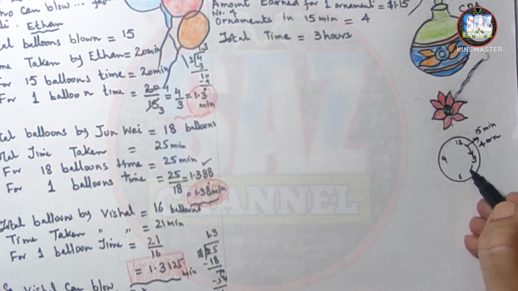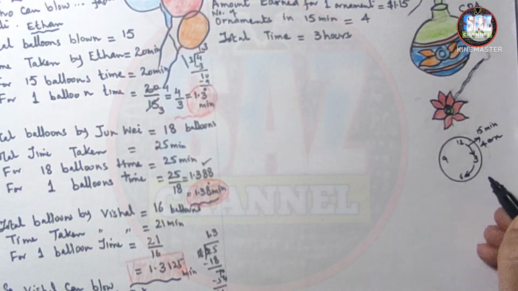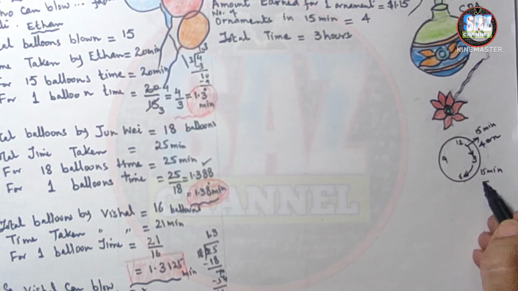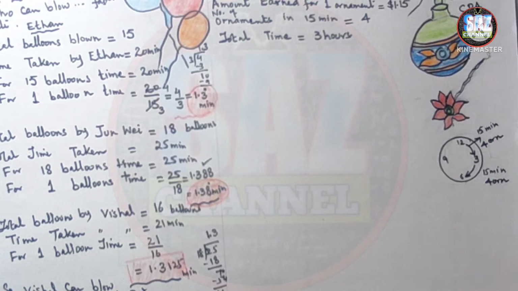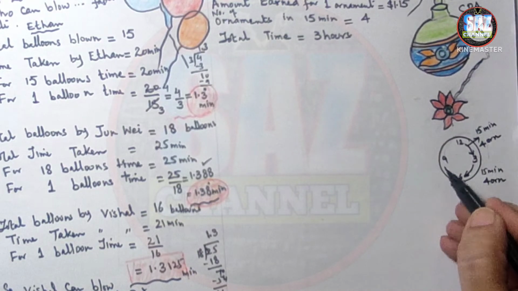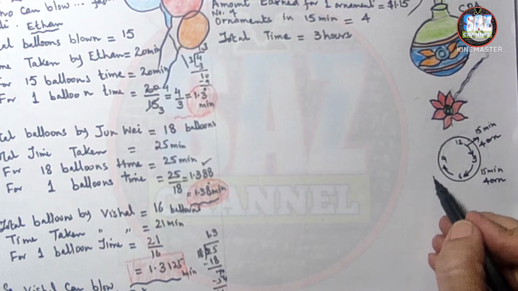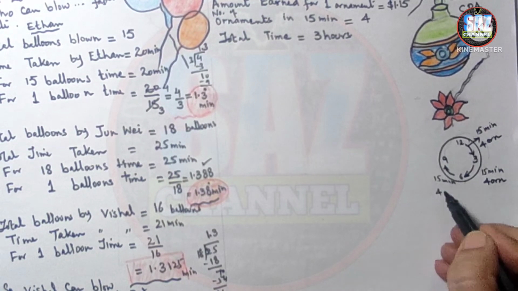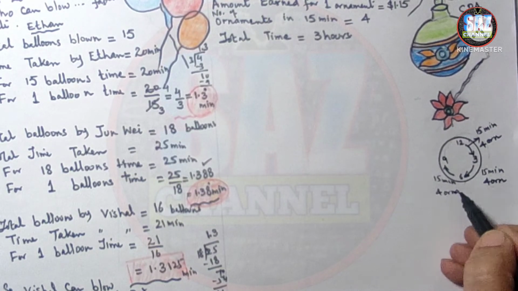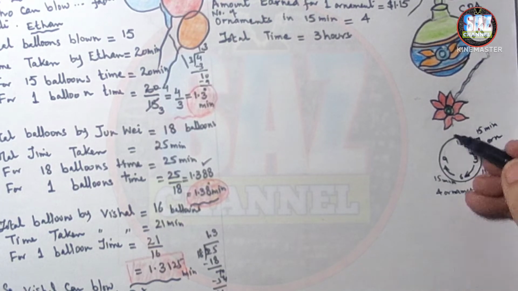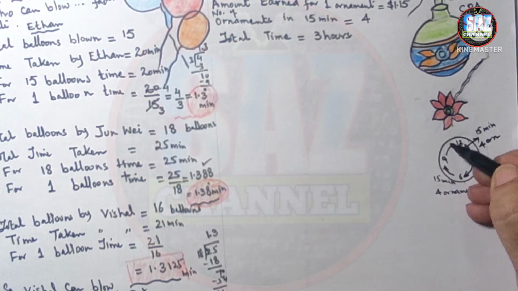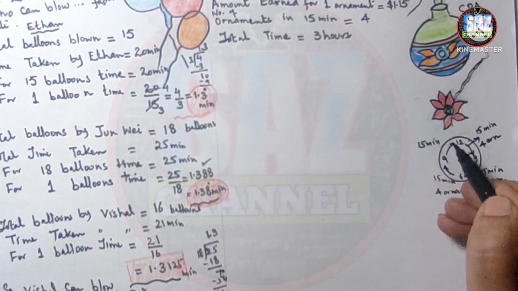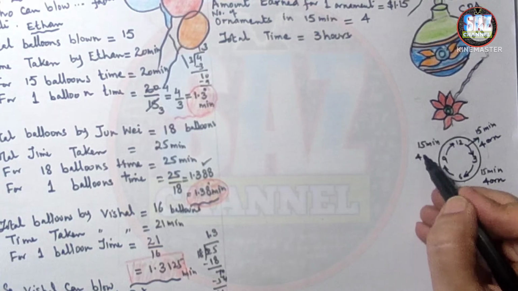Again, this is 15 minutes from 3 to 6, and how many ornaments? 4 ornaments. And then this is again 15 minutes, and 4 ornaments. And this is again 15 minutes, and 4 ornaments.